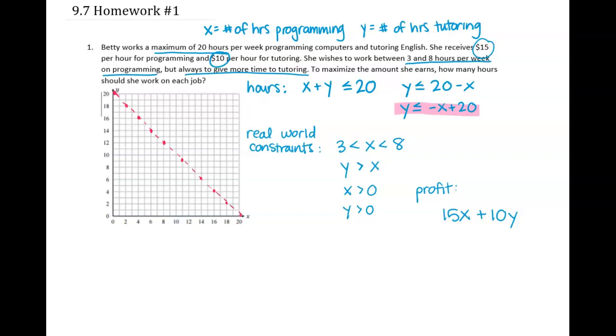All right, and so then let's look at 3 is less than x is less than 8. They'll just be vertical lines at x equals 3, but again, not included, so we'll make them dotted lines. And then y is greater than x. So this is really just like the line y equals 1x, which is a y-intercept of 0, a slope of 1.